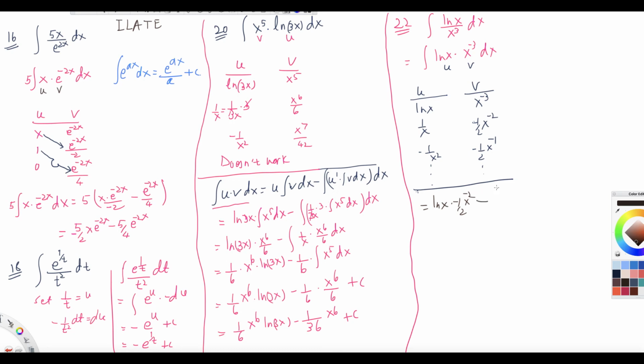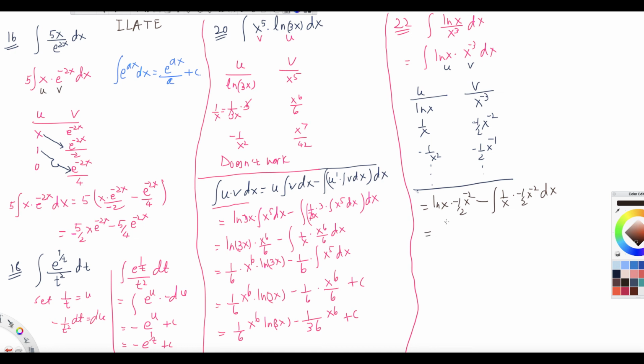Minus the integral of u prime times the integral of v. What is u prime? 1 over x, right? And the integral of v is negative 1 half x to the negative 2, and then dx. Are you guys okay?